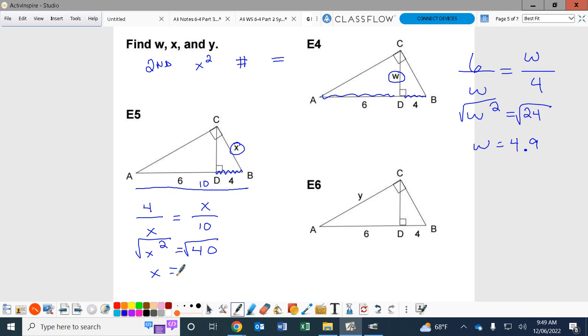The closest square roots are 36, which is 6, and 49, which is 7, so it's somewhere between 6 and 7. 6 point what? On the calculator, 3 what? 2. So a 3 with a 2 after it would stay the same. If the number after it is 4 or below, it stays the same, so I'd leave it at 6.3.